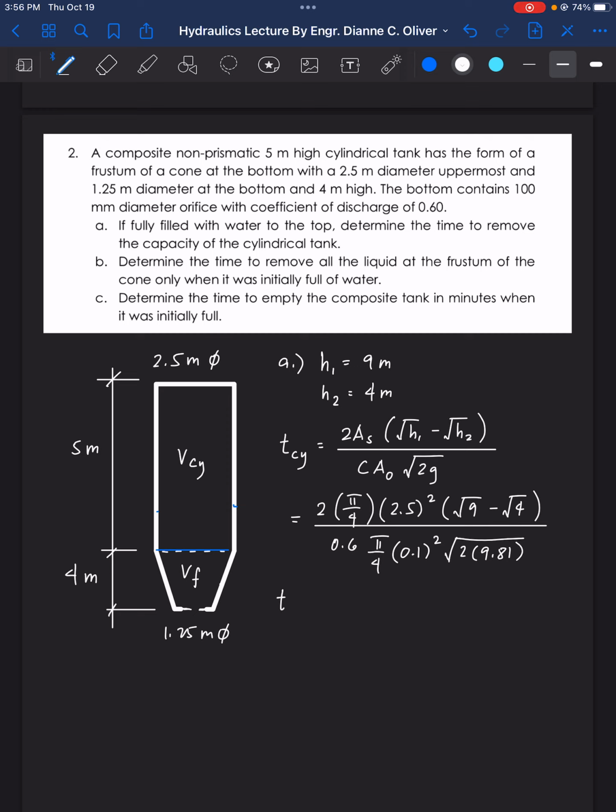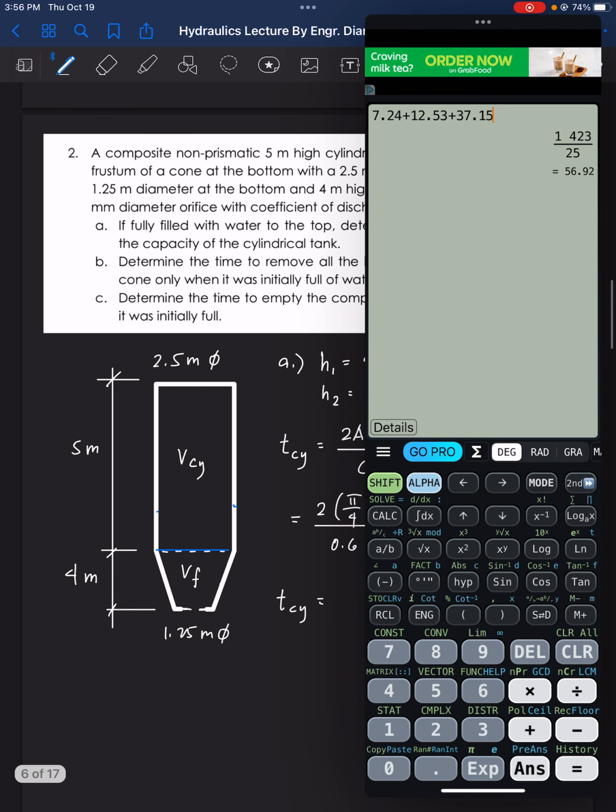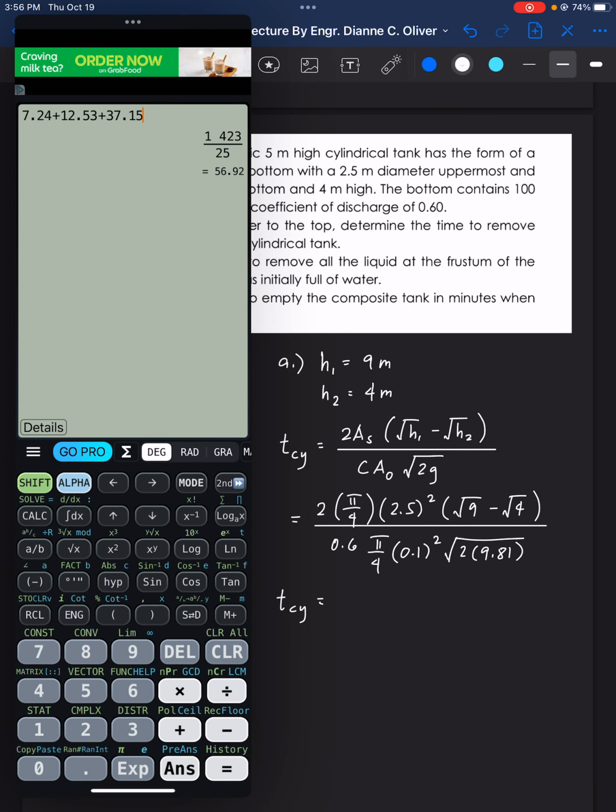So the time to empty the cylindrical container is equal to, cancel pi over 4 here. So 2 times 2.5 squared times the square root of 9 minus the square root of 4, over 0.6 times 0.1 squared, square root of 2 times 9.81.